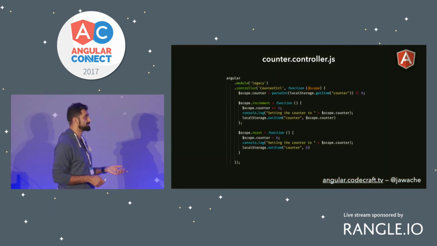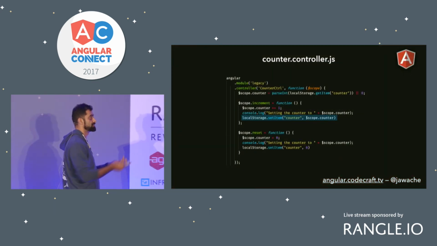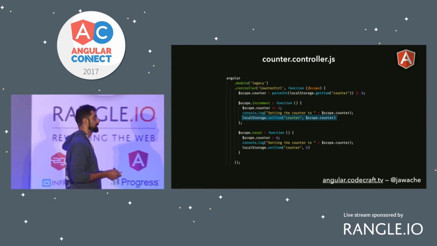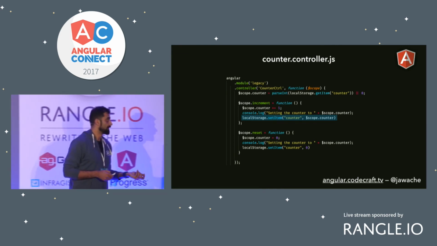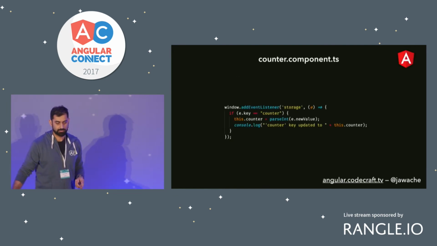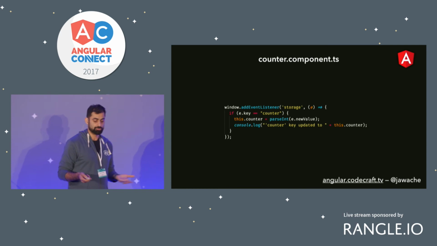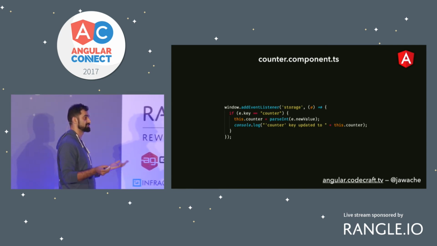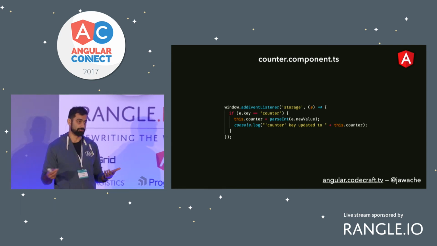So basically, whenever I set that counter, I'm also setting it in local storage under counter, okay? And then I can just listen to storage events. So storage events are sent every time you save something to local storage.